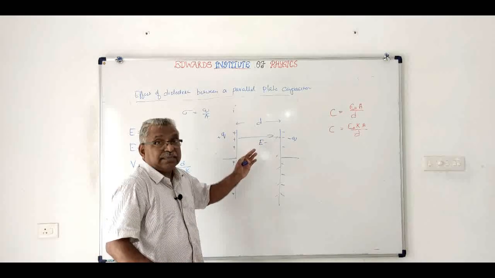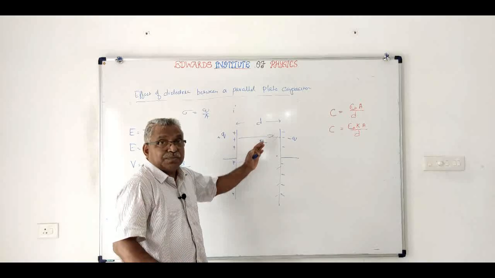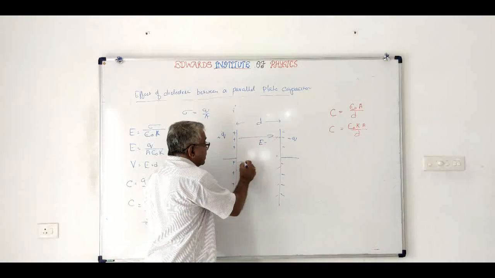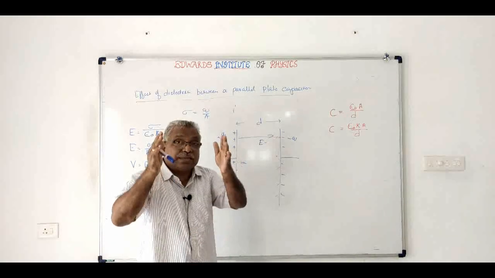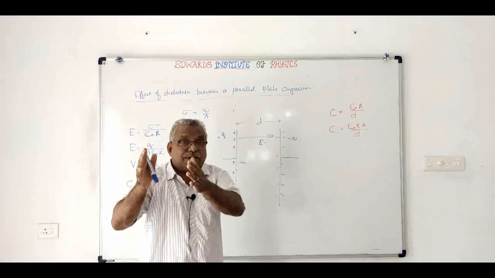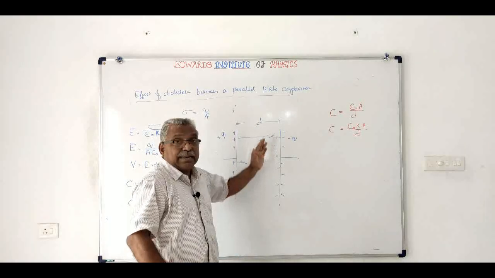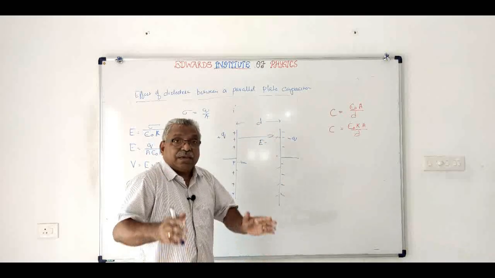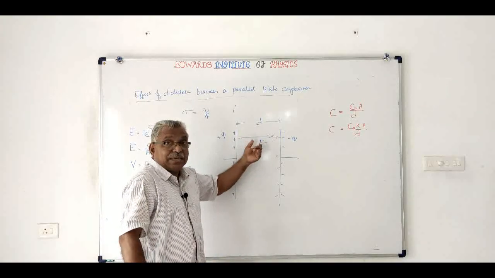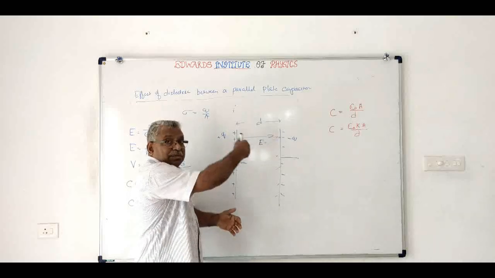As E increases, the force acting on unit positive charge will increase. That is, there will be a discharge. So if you can somehow reduce this E, suppose you are having 1 lakh charges here and having a particular E, if you can hold the same charges here and reduce E, then you can add more charges.